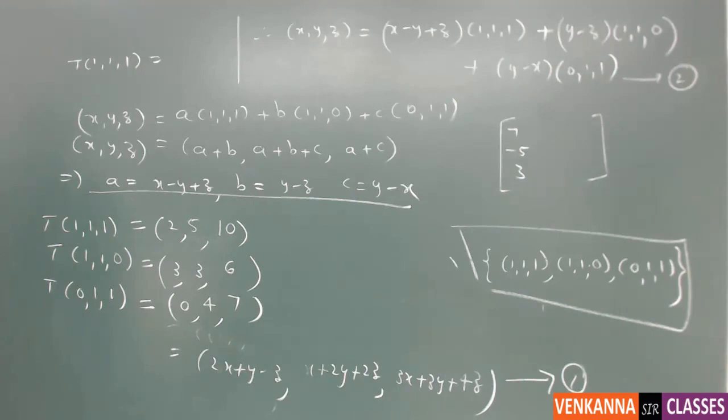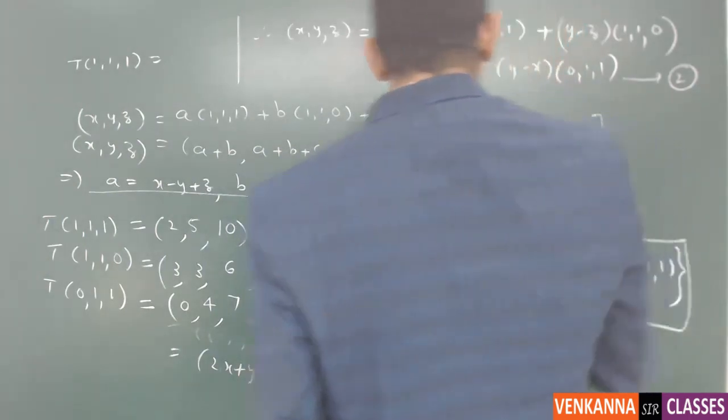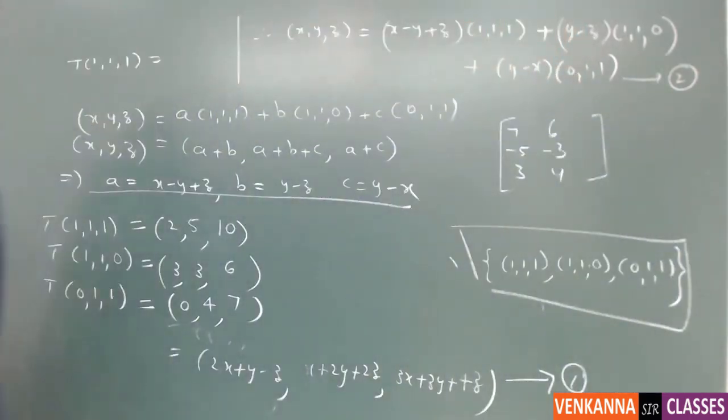So for the second one, 6 minus 3, 4, and the last one, 3 minus 3, 4.